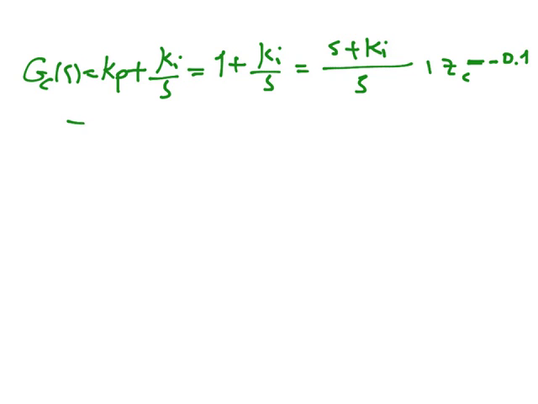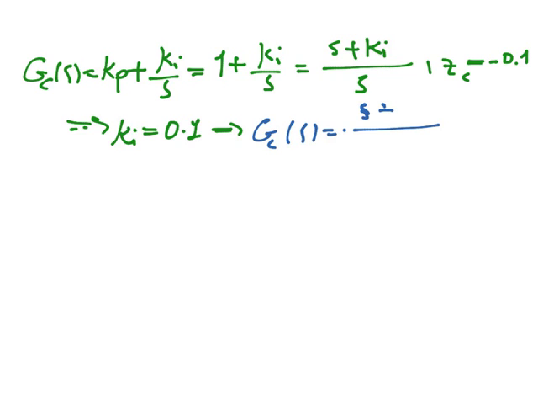From here, the value for Ki can be determined as 0.1, and accordingly GC(s) will be obtained as (s plus 0.1) over s.